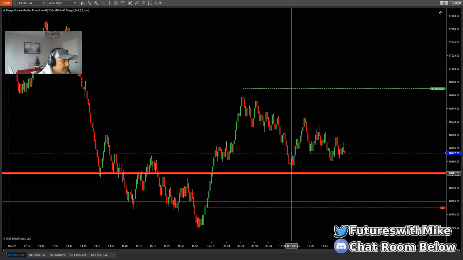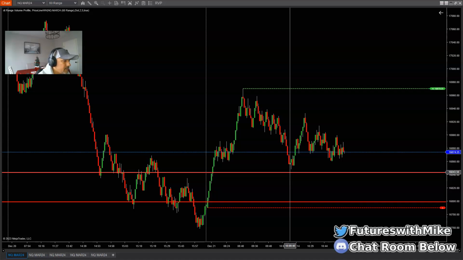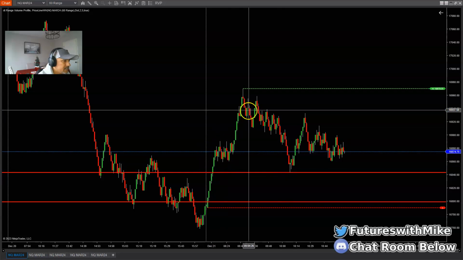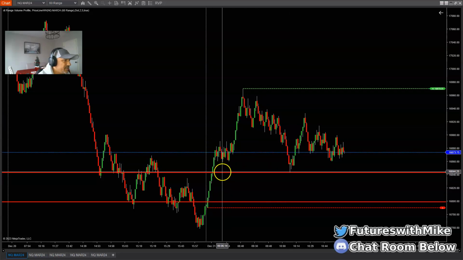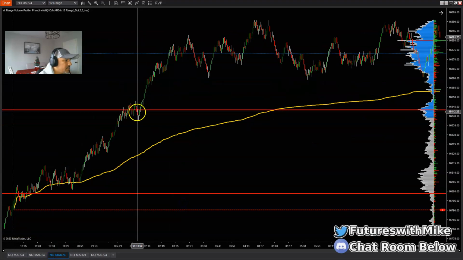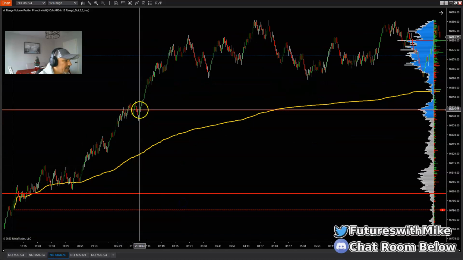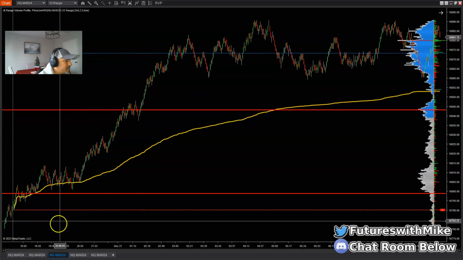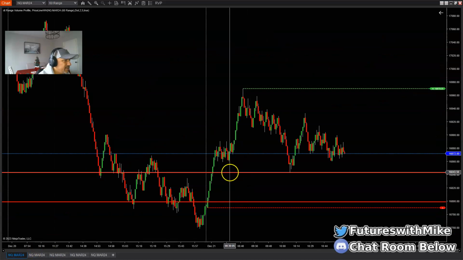At this pivot level right here, 16,840. Okay, right here. I mean, that pivot level there, you could have possibly looked for rejection at 40. On the lower time frame, there was a demand area here, the 12 range, right at that 40 pivot level.